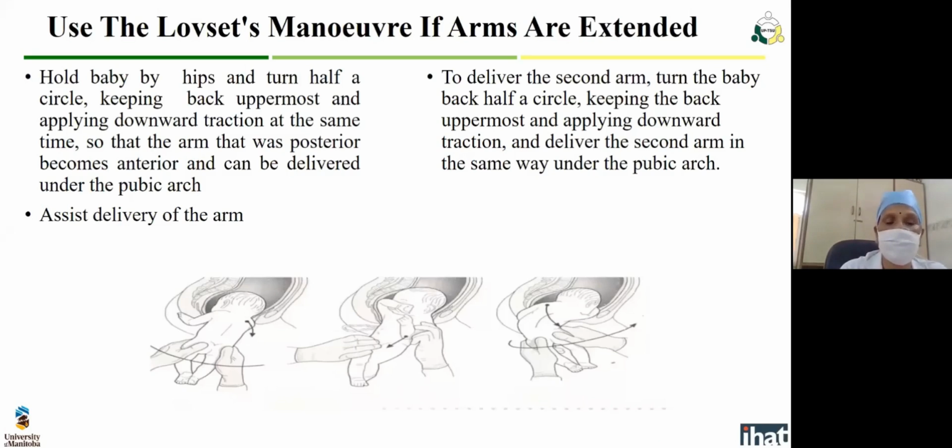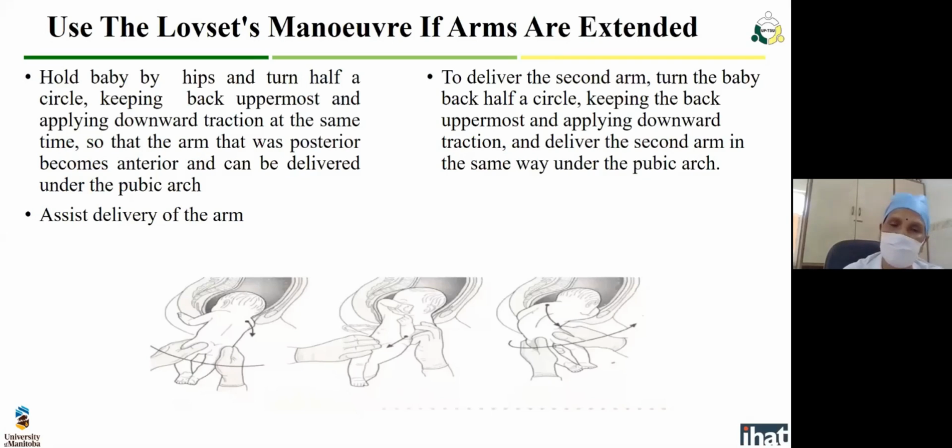Thereafter you push the baby towards the abdomen of the baby, then apply slightly lateral traction, and rotate the baby by 180 degrees, a half circle, keeping in mind that during rotation the back should be anterior. So the posterior shoulder will come anterior.